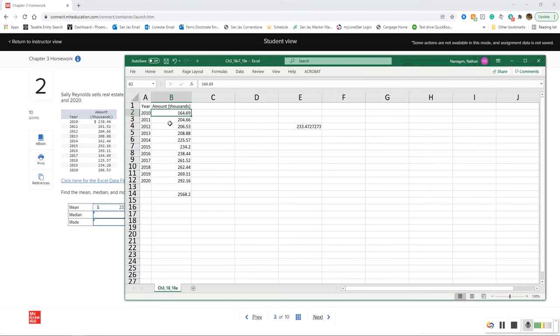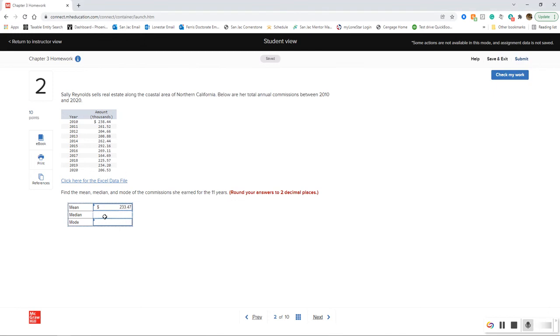So now they're sorted from smallest to largest. You can do largest to smallest if you want, but we're going to find the middle. Since this is an odd number, there's 11, we need to find number 6. So count 1, 2, 3, 4, 5, 6. Because that one is going to fall right in the middle, where we have 5 on the top, 5 on the bottom, and that's going to be your median, 234.20. Nice. Alright.